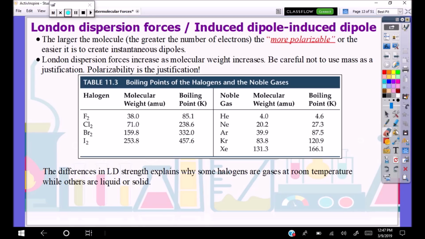I remember it was either last year or a few years ago, there was an FRQ problem where they asked you to use your knowledge of intermolecular forces to justify why one boiling point was higher than another, but it wasn't what you would have expected. And so the answer ended up being, well, the London dispersion forces in this particular molecule are much greater because it's larger, even though it's nonpolar.